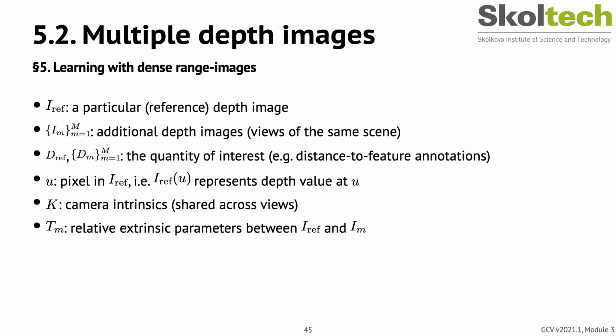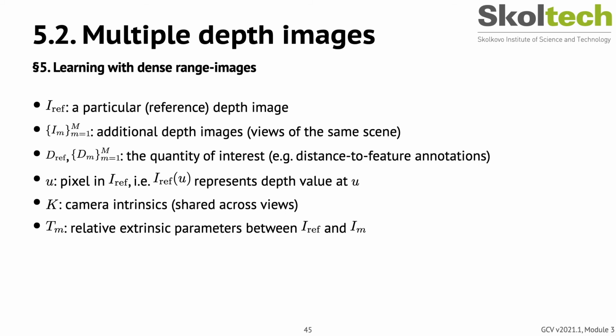Let us first introduce a number of notations before we proceed further. We will call I sub ref the reference depth image, and an additional M images that depict views of the same scene as I sub M, where M goes from 1 to capital M. D ref and D sub M are the quantities of interest, for example, distance to feature annotations.